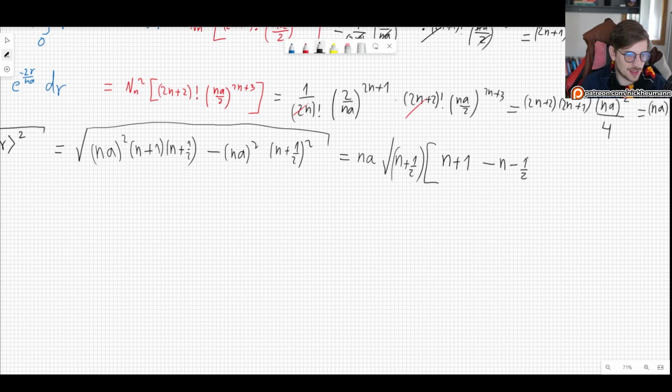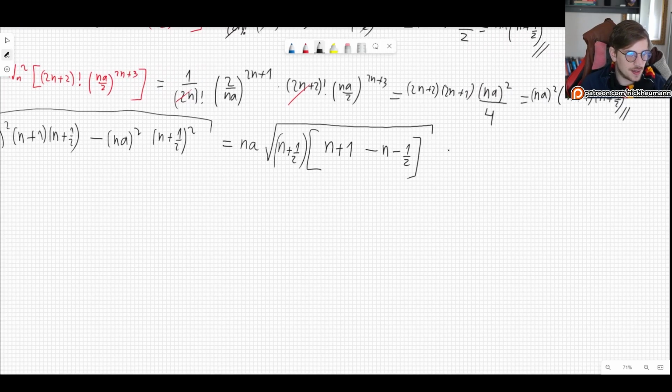Because of the minus just before it. So here we get NA times the square root of n plus 1/2. Now the n's cancel out and we get simply 1/2. So that is what we get.